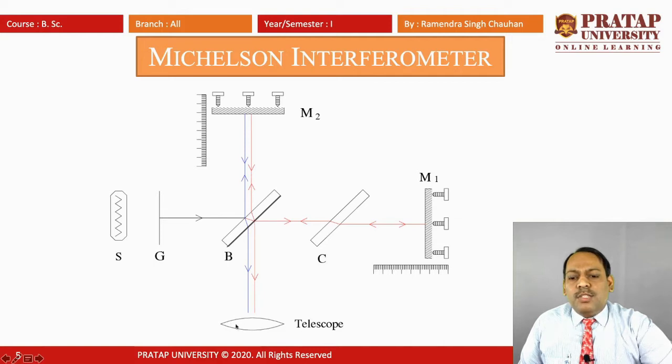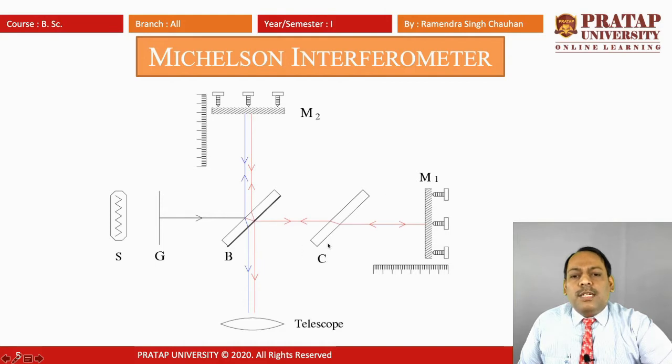This is the telescope, which is used to observe the fringes. So in this way, going from here to mirror M2, the thickness is crossed once, and then when it comes from M2 to this point of reflection and goes to the telescope, the thickness is crossed another time.